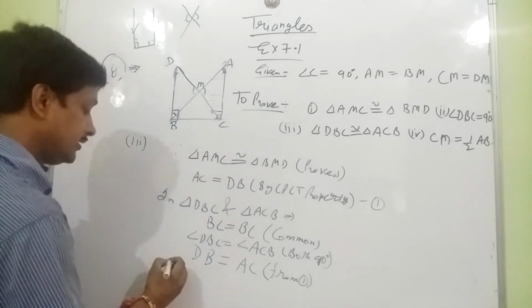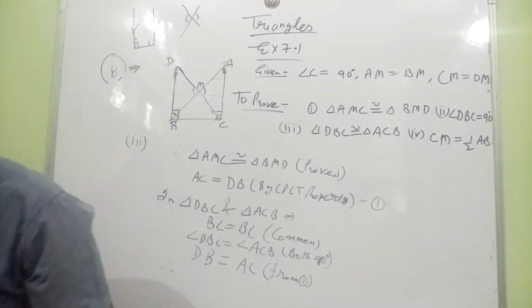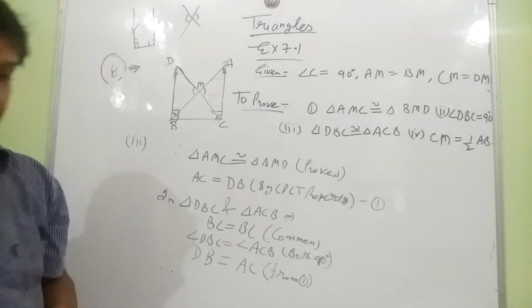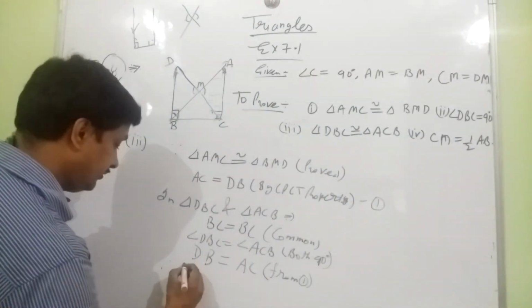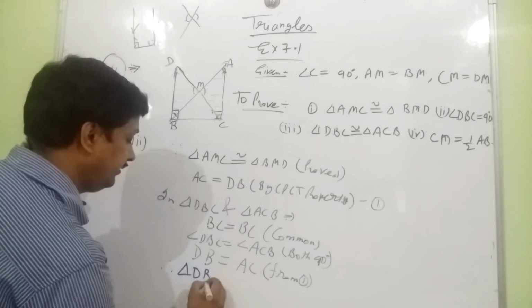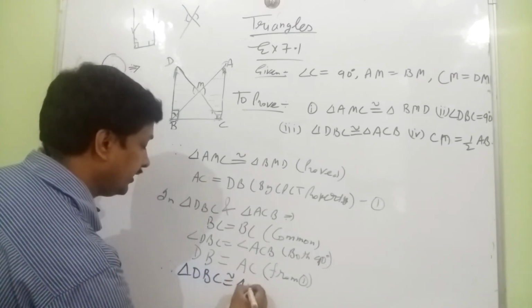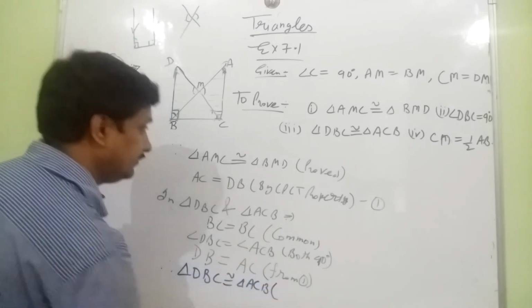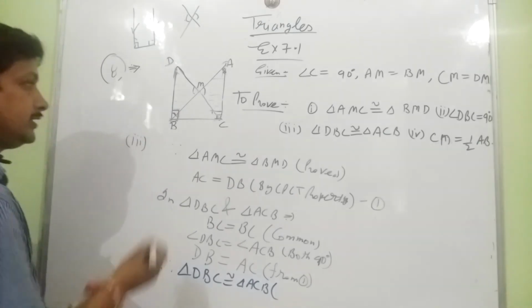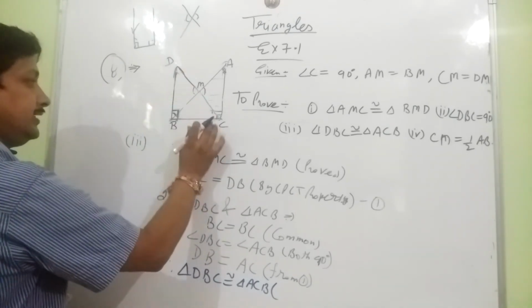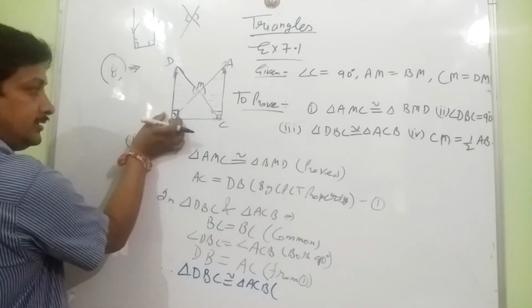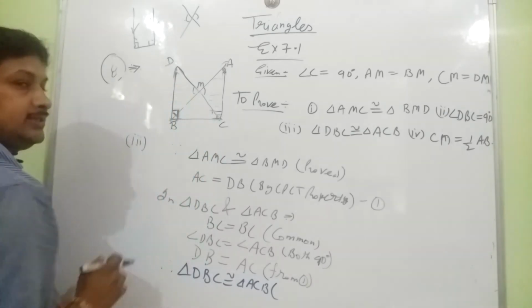So now you can say triangle DBC is congruent to triangle ACB. It is by which congruency? Side, angle and side. Three things we have taken. The angle is in between the sides.